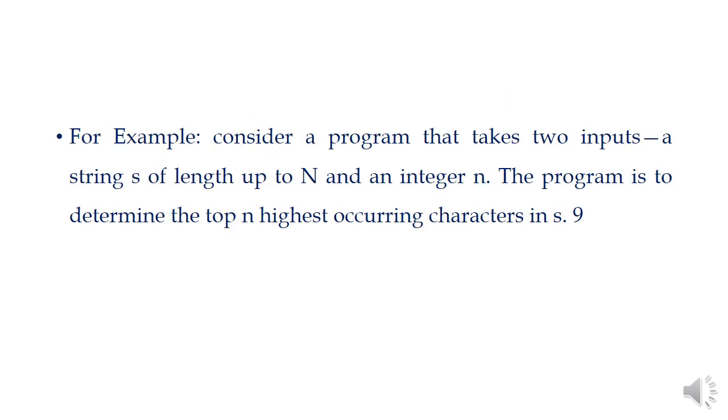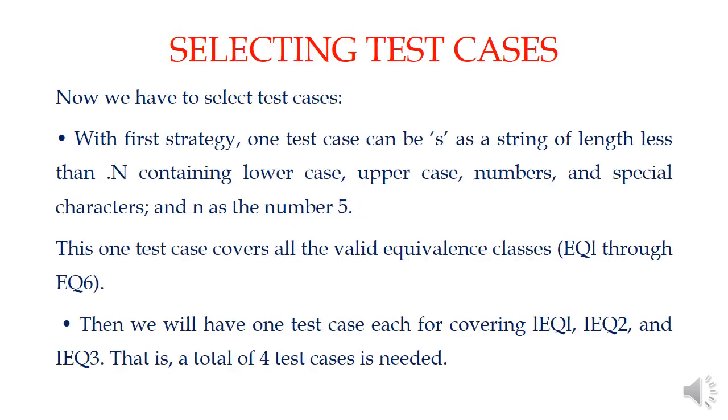For example, consider a program that takes two inputs, a string s of length up to n and an integer n. The program is to determine the top n highest occurring characters in s. Selecting the test cases, first strategy: one test case will be s as a string of length less than n, containing lowercase, uppercase, number and special character.